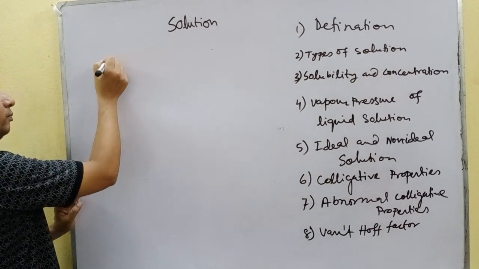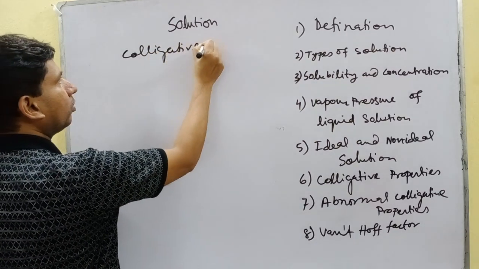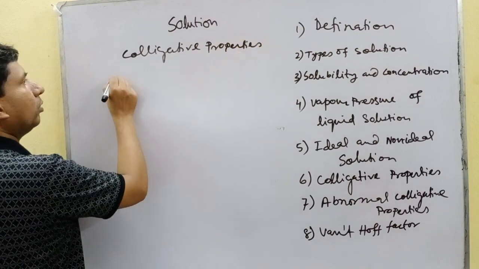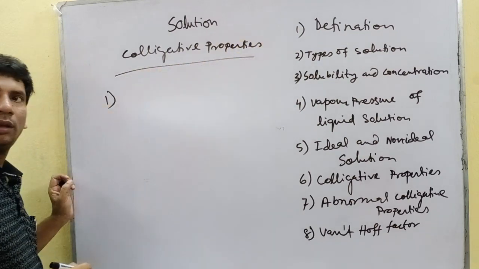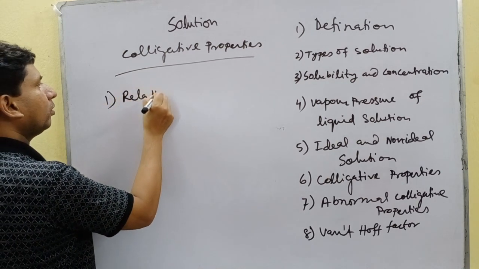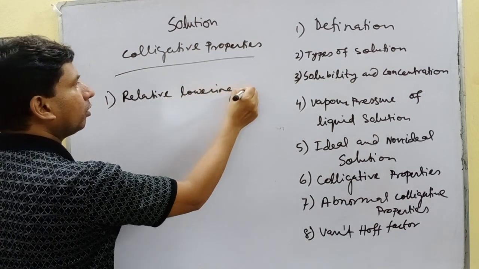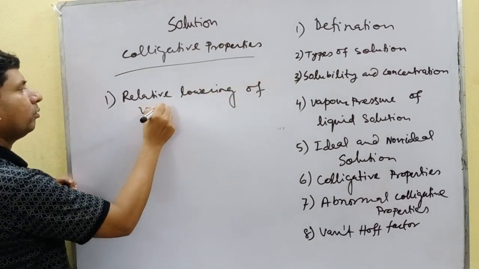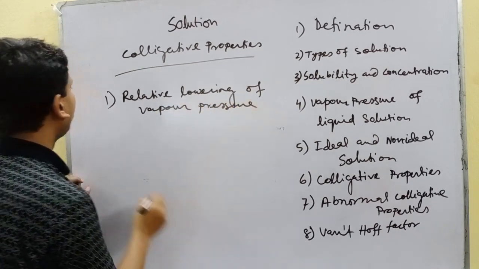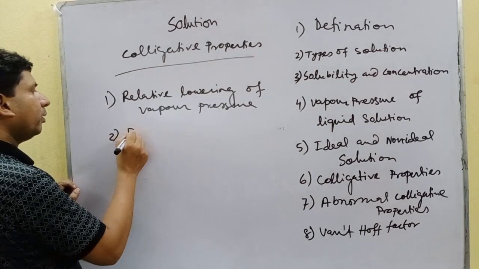Colligative properties: number one is relative lowering of vapor pressure. Number 2, elevation of boiling point.